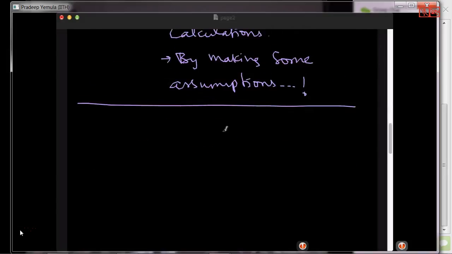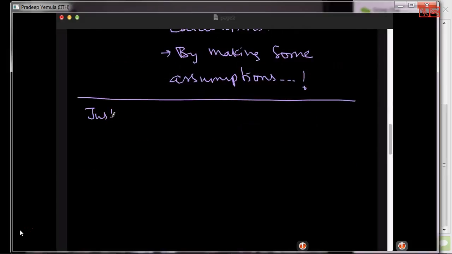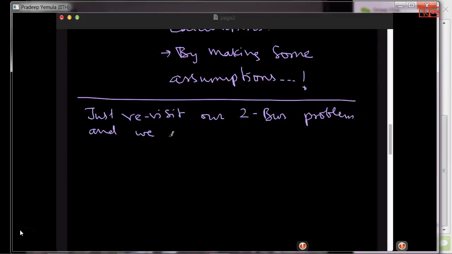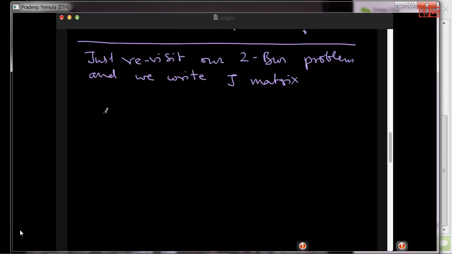So just revisit our two bus problem, and we will write the J matrix, or J inverse matrix, whatever.